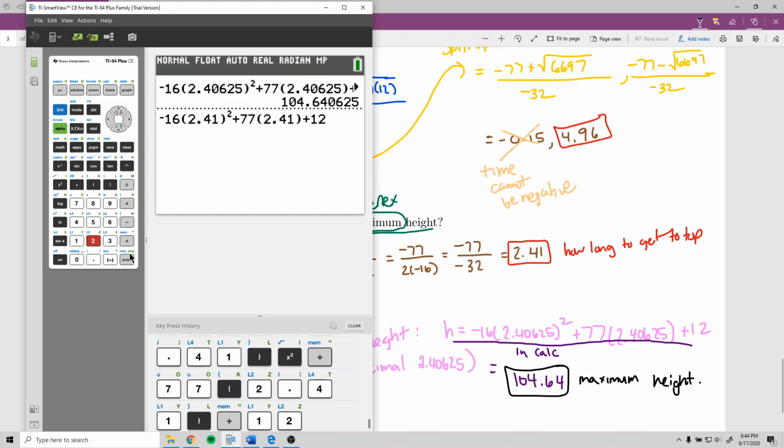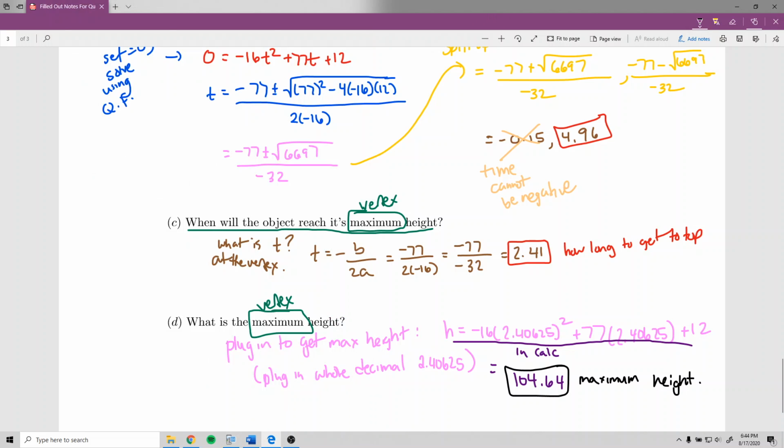So if we plugged in 2.41, we would actually get the same thing. 104.64 would work. But anytime you round an answer and then use that in your next answer, the next answer could be rounded farther off than you want. So just be careful about that. But that's it for the quadratic applications.